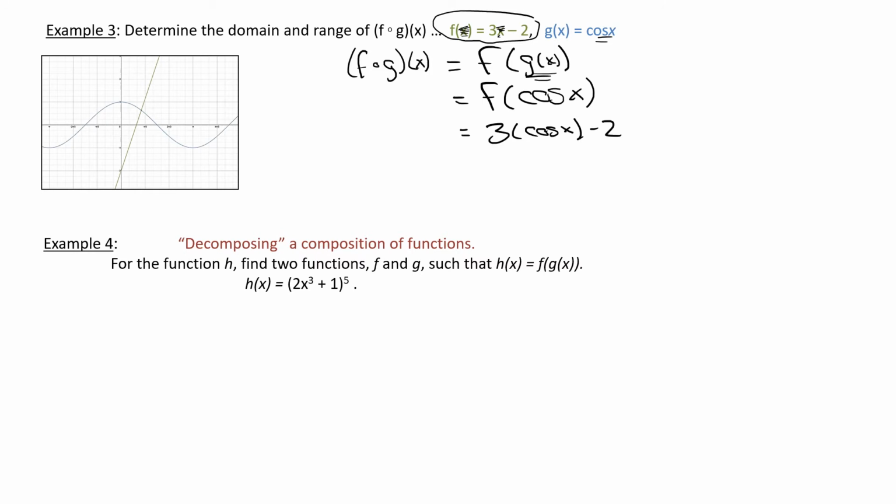Looking at that equation, we can graph that. That's just the parent wave for cosine. The only change to it is amplitude is 3, so we have a vertical stretch of 3. And we have a c value of -2. So my equation of the axis is now down at -2, which I can barely read this, but I think it's here.